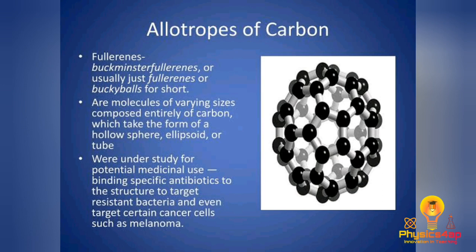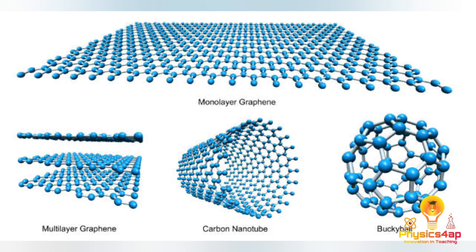Here we have 60 carbon atoms, 12 in a pentagonal shape and 20 in a hexagonal shape. These Buckminsterfullerenes are used in the medical fields to target cancer cells and to resist bacteria, and are used mainly in the medical fields. So here we have a monolayer of graphene, multi-layer graphene, carbon nanotube, and buckyball, which we call the BMF.